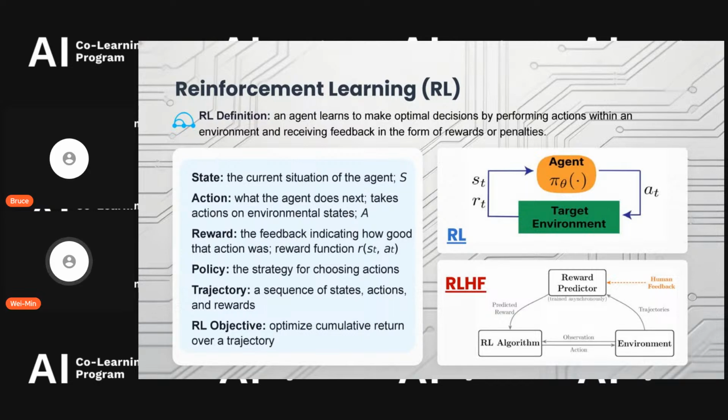One of the core concepts is the reward model. The reward model can be defined from first principles, or in the large language model setting, and usually we use human feedback to train the reward model.